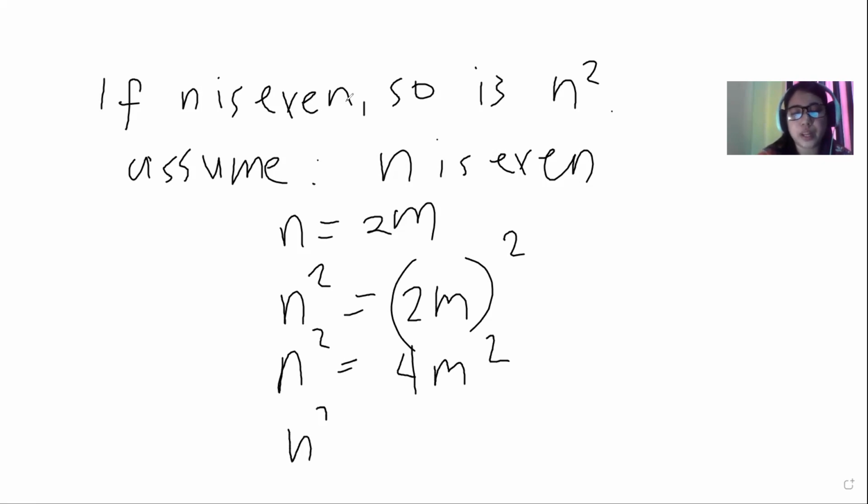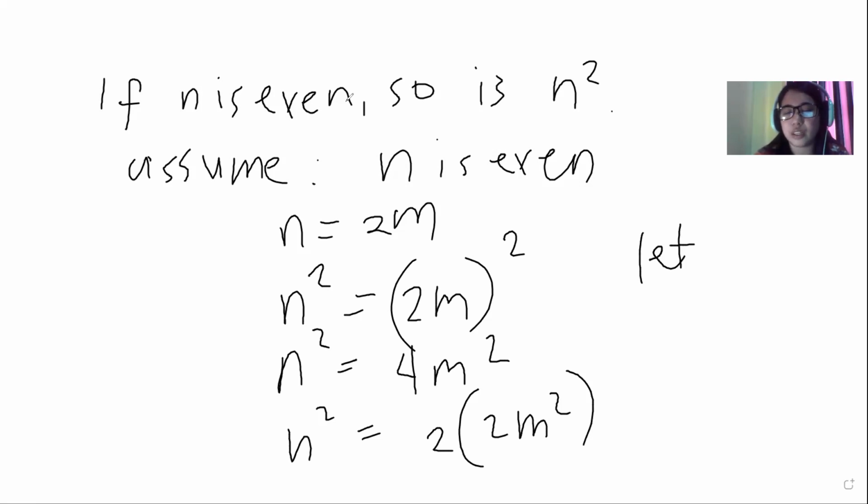If we factor out 2, what is left inside is 2m squared. We can let 2m squared be equal to k. So by substitution, n squared is equal to 2k.